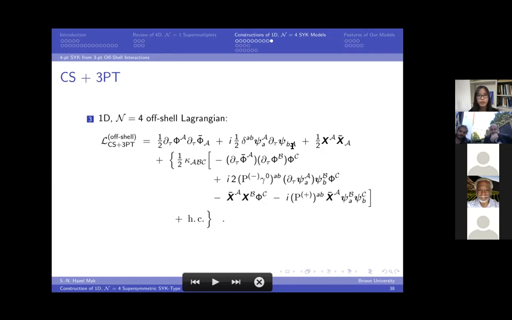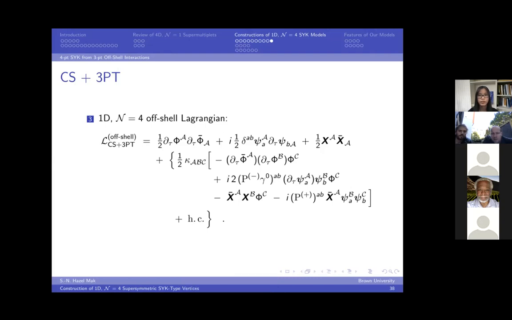If you go on shell, then you have 4 psis and a J with 2 couplings, and this will be 0, so that is 1, so that is relevant. So the fermionic interaction, at least, is relevant.